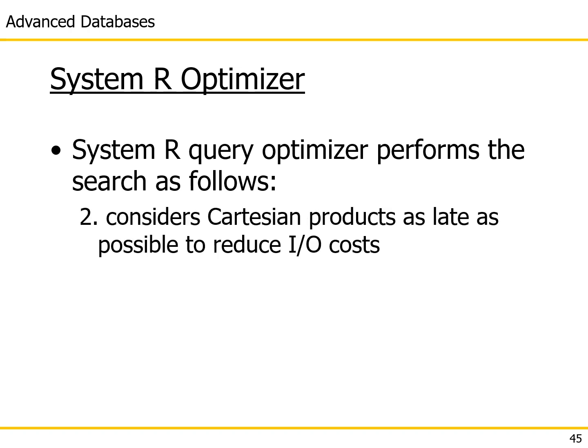The second thing about System R is that it considers Cartesian products as late as possible to reduce I/O cost. This is a very simple idea, but turns out to be incredibly important. Cartesian products are the worst kind of SQL operator you could use. You should try to avoid it as much as you can because basically you are doing blind pairing of rows from two relations.